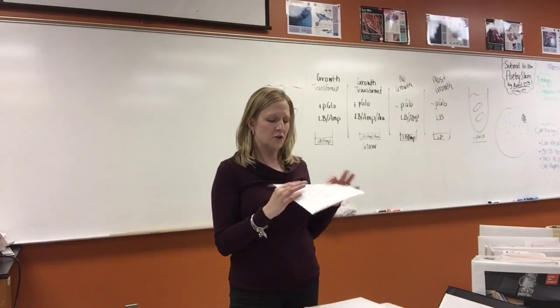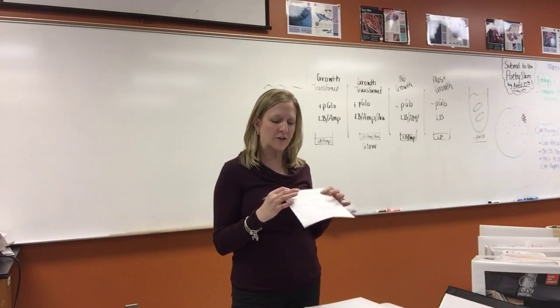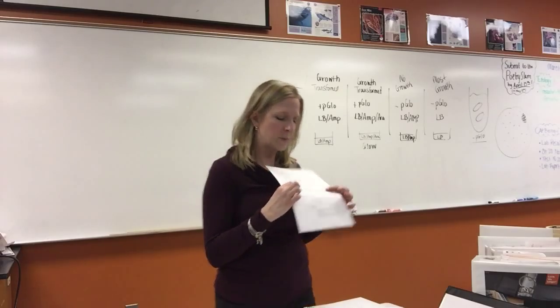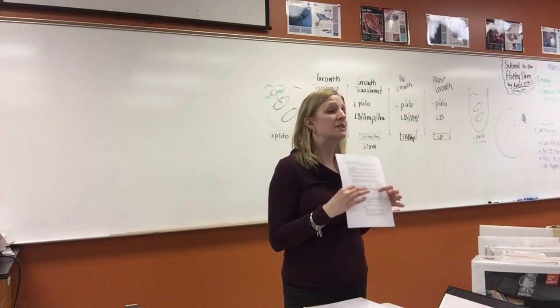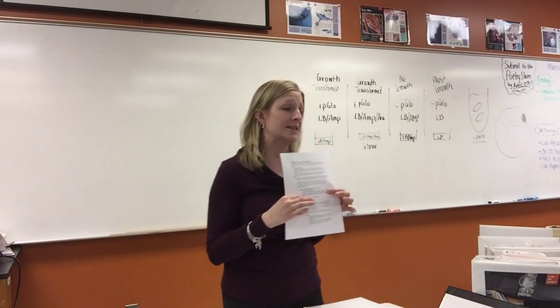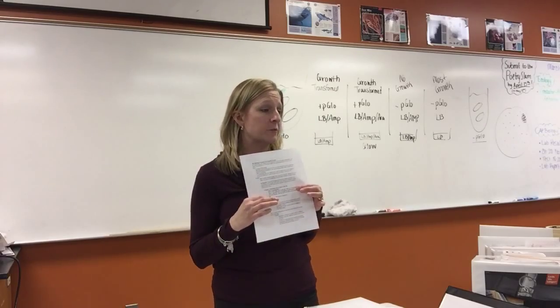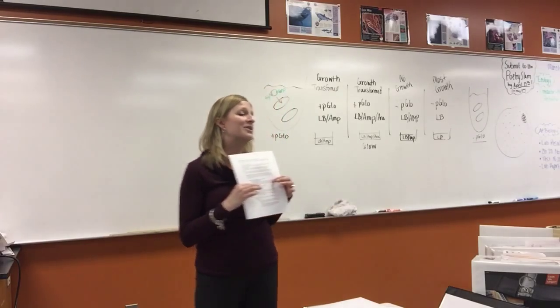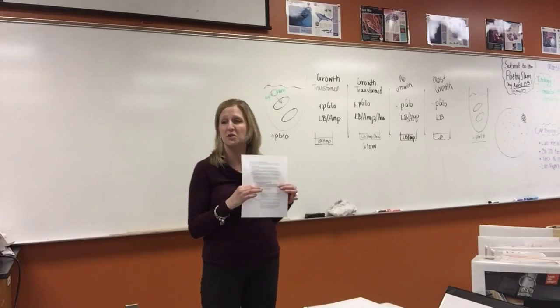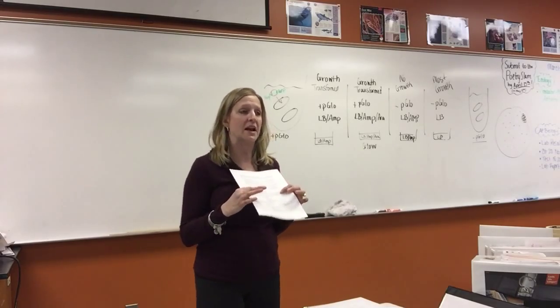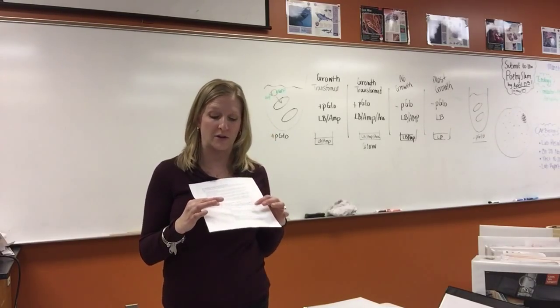You have your title and your background information. With your background information in bold, I put specific questions that pertain to this lab that you should include. These are things that somebody would need to know to understand what's going on in your lab, so make sure you answer those questions within that background information.